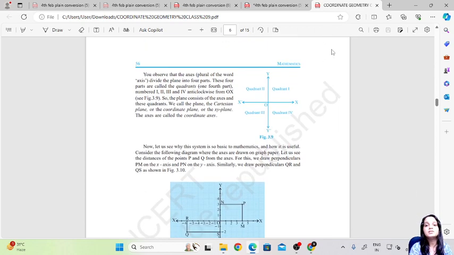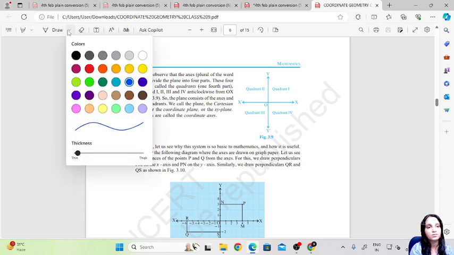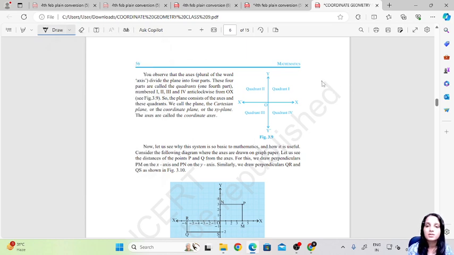Okay, you can see this example. This is quadrant 1, this is quadrant 2, 3 and 4th quadrant. Here you have all the positive numbers like 1 comma 1, 2 comma 3, 4 comma 5, all the plus coordinates are there.